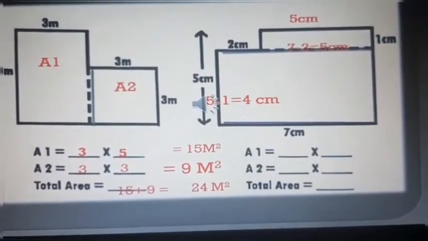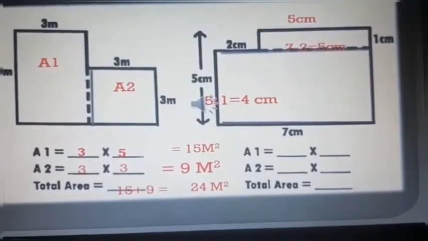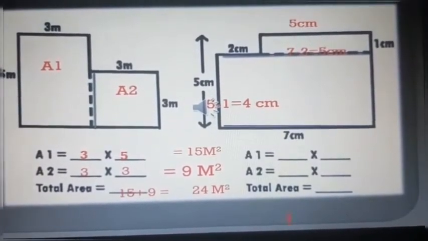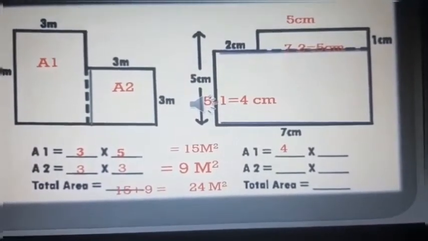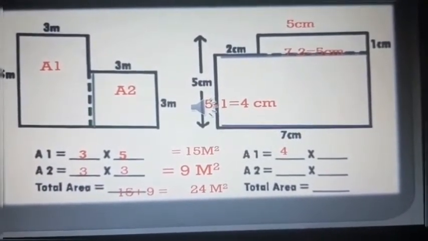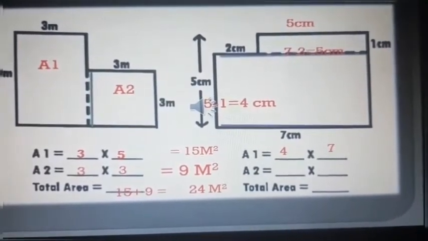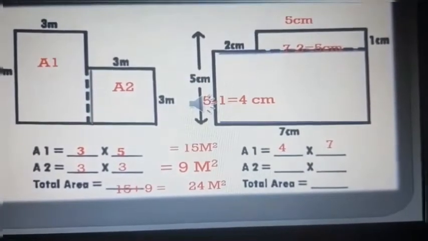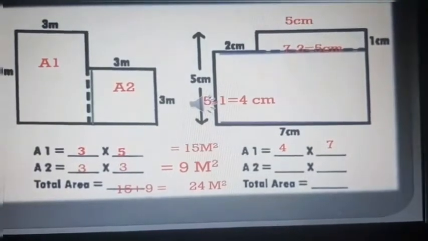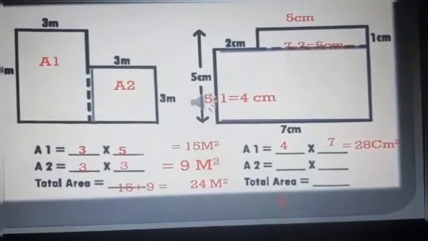Now I have 2 shapes. The first shape has 2 dimensions, 4 and 7. The second also has 2 dimensions, 5 and 1. So for the first area, multiply 4 and 7, which equals 28 centimeters squared.